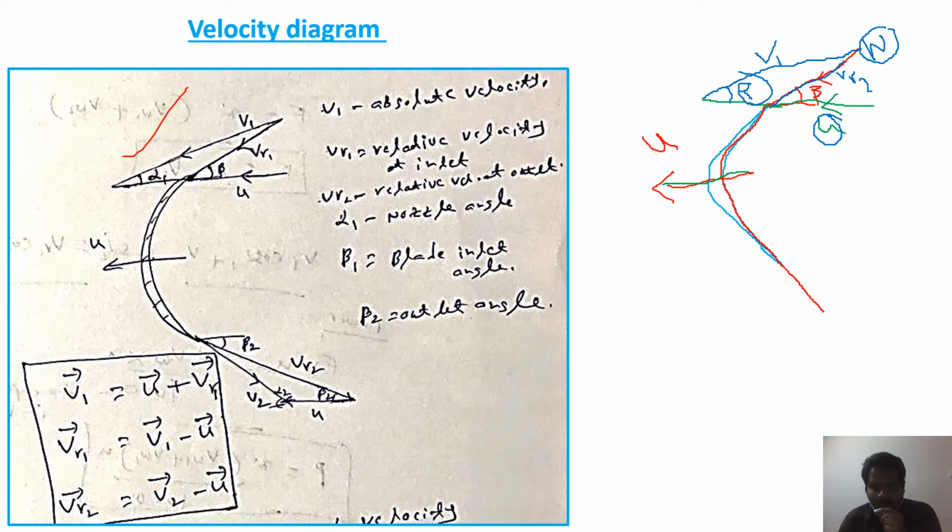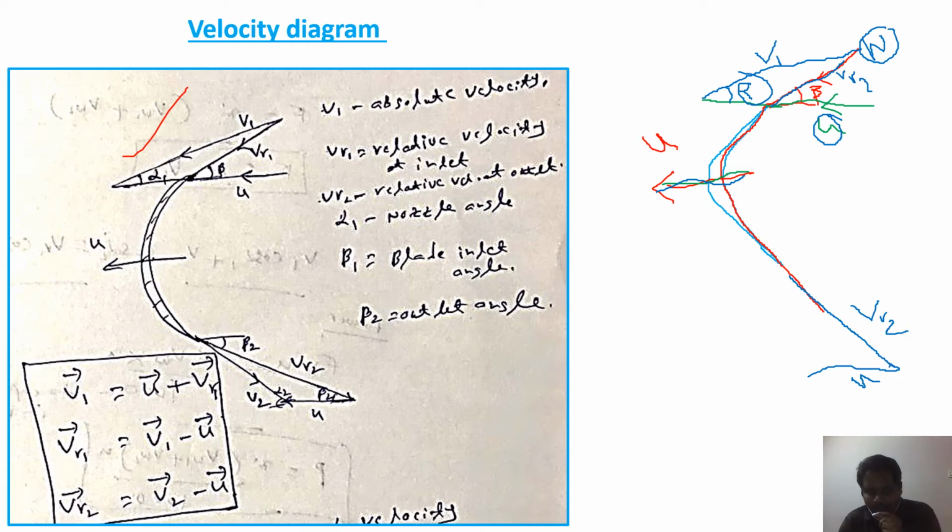Same way we can draw at outlet also. As we know, after passing through the blade, it will go like this. This velocity is vr2, relative velocity, because it is in the direction of the blade. Here also we have to draw u, since u is horizontal, this would be the blade velocity u.